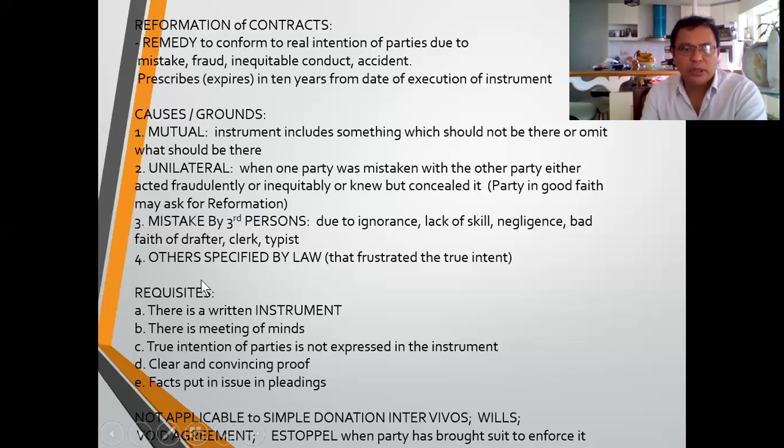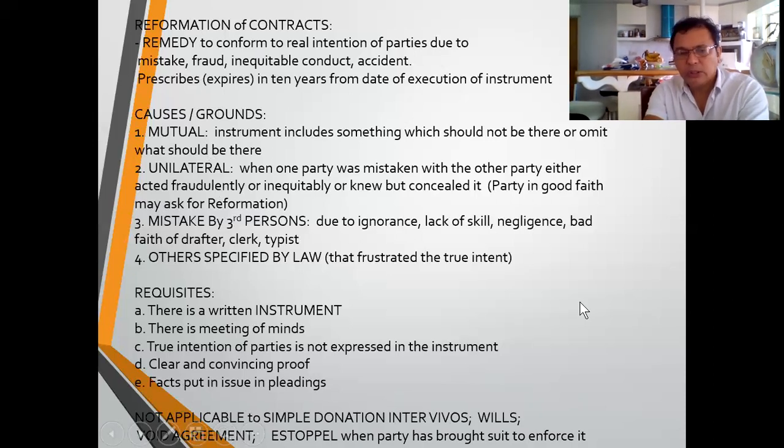But reformation of contracts does not apply to simple donation while the person is still living. Simple donation inter vivos means that the person is donating while he is still alive. Nor does it apply to wills. What are wills? Inheritance.